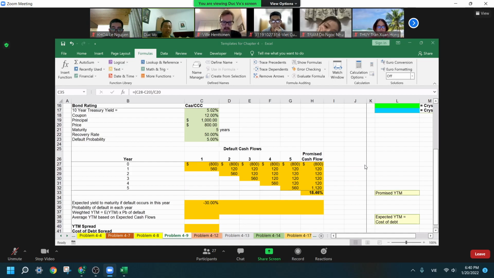The other option, if I want to do it quicker, I don't have to, but if I want to, I can use the quick and dirty formula.